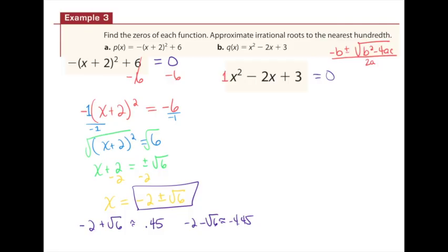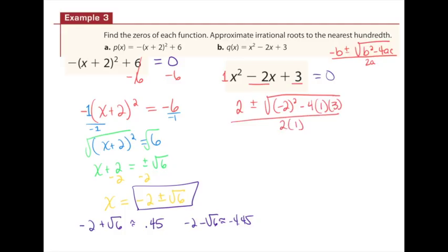My a here is 1, my b is negative 2, my c is positive 3. All right, and so I'm just going to plug it in and solve. Negative b, well, b is already negative, so negative negative 2 is positive 2, plus or minus the square root of b squared minus 4 times a times c, all over 2 times a.